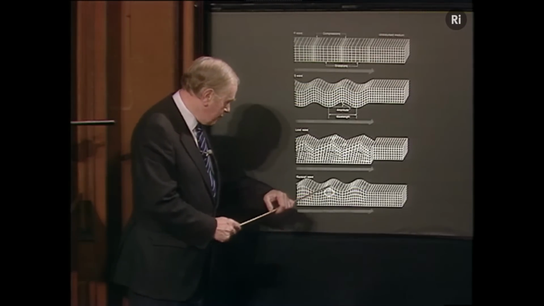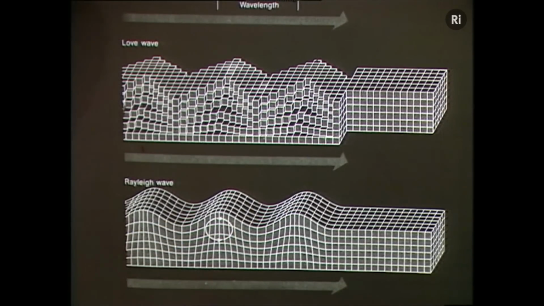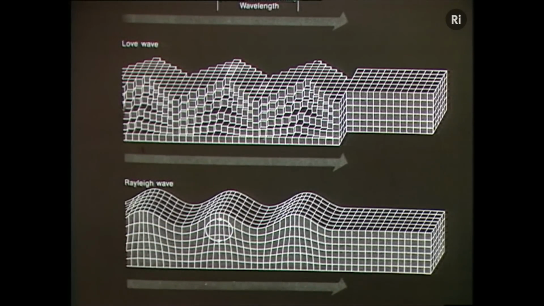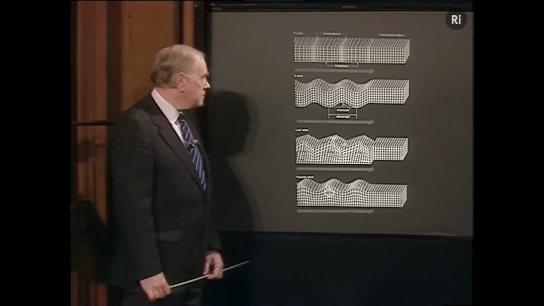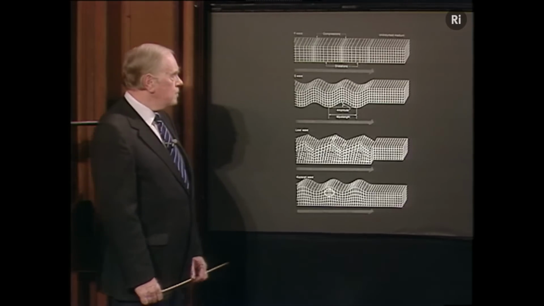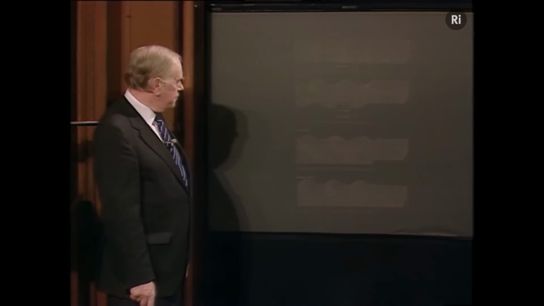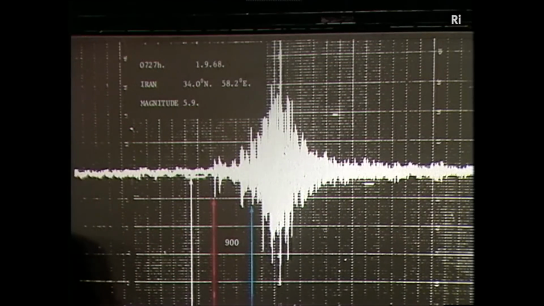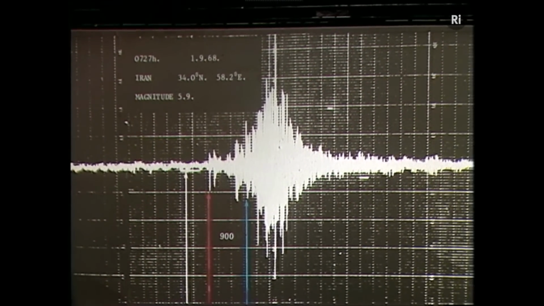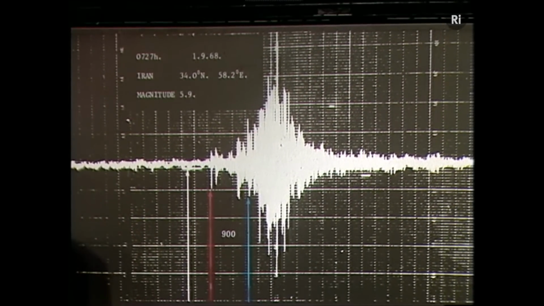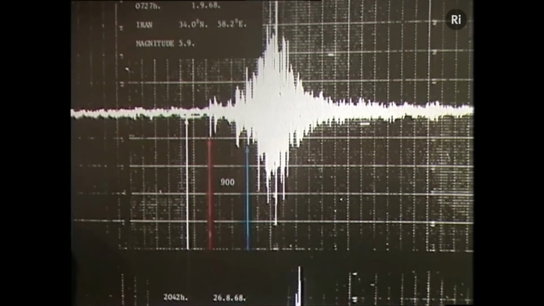In fact, the motion of the particles is exactly the same. And if you get a seismograph recording a distant earthquake, you will find that the different waves come in at different times. And this shows two earthquakes which were recorded on one of our instruments in Aberdeen.